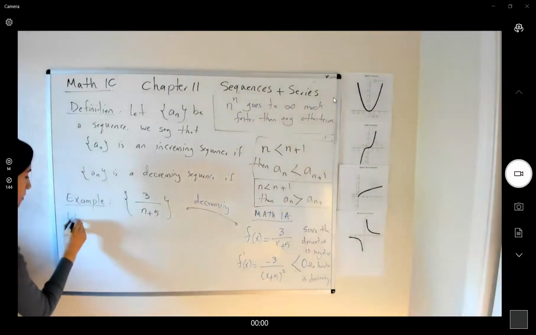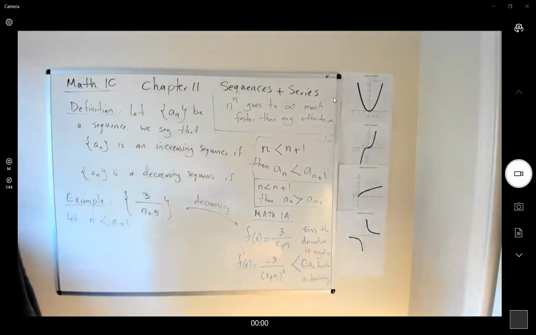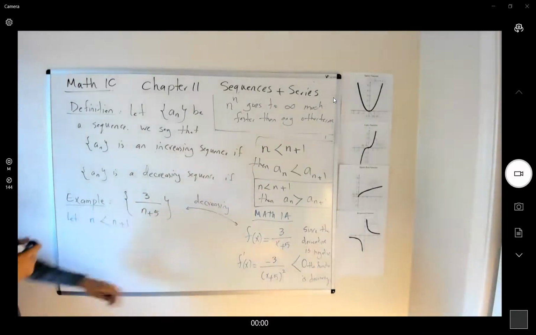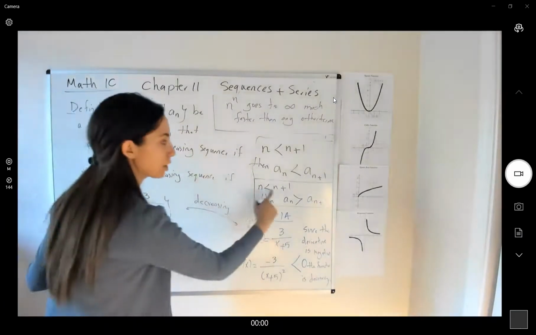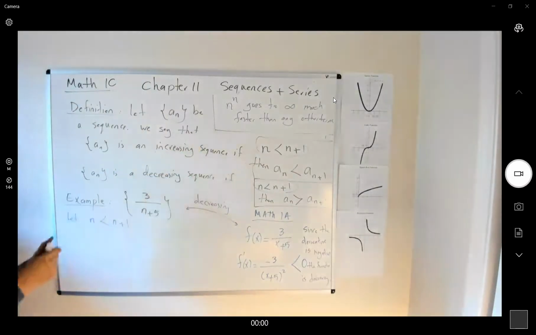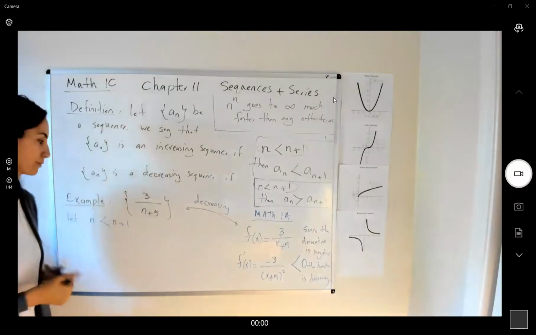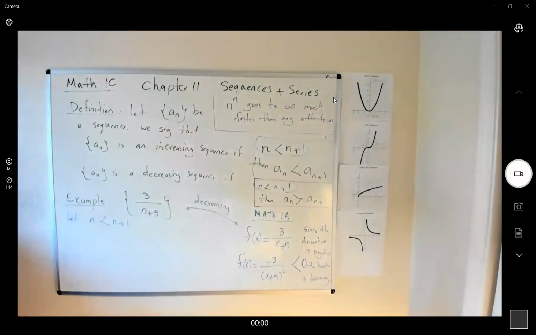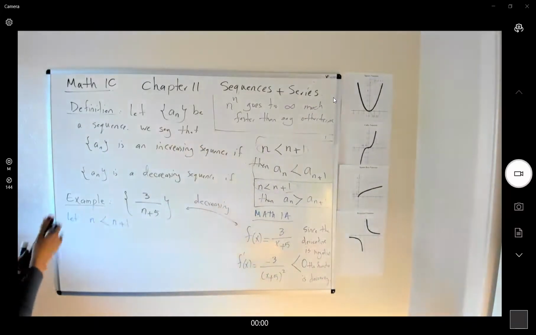Let n be less than n plus 1. This is the condition that you have in both of them. So how can I create n plus 5? Let us add 5 to all sides.